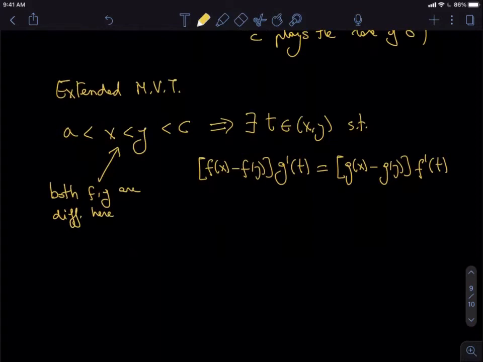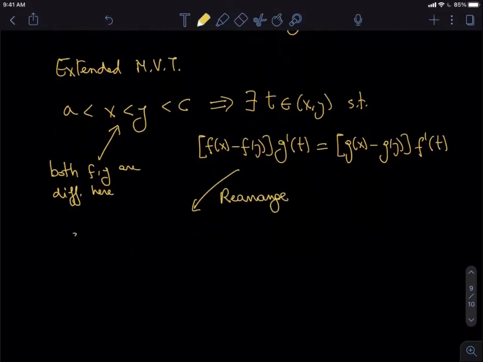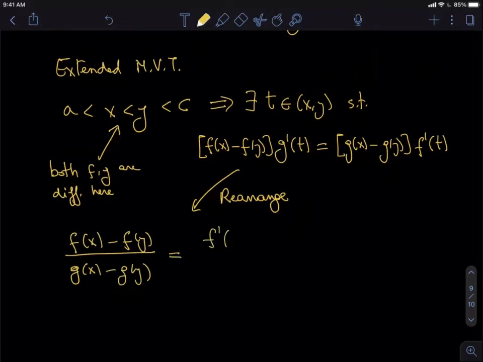So we can rearrange. And we find that f(x) minus f(y) divided by g(x) minus g(y) must be equal to f prime of t divided by g prime of t.